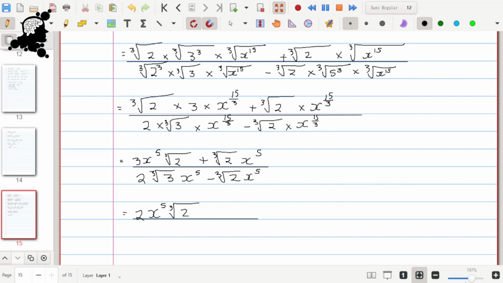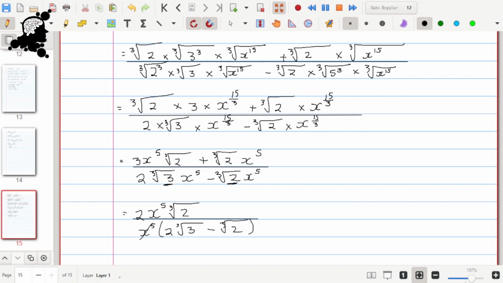Take note that on my denominator, the only common factor I have is x to the power 5. So I could just take out x to the power 5 as my common factor, because notice here we've got the cube root of 3, we've got the cube root of 2, we can't do anything to them. So I'm just going to leave this as 2 cube root of 3 minus cube root of 2.